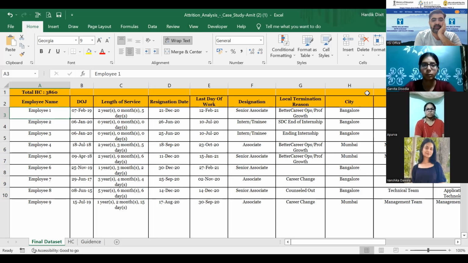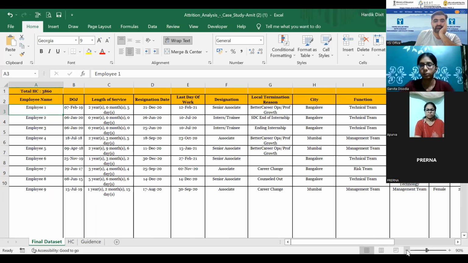This sheet is visible, right? Yes, sir. How much is the percentage? कहां से मिलेगा?